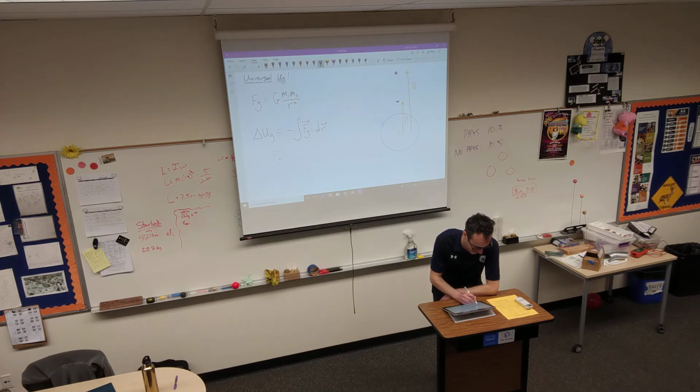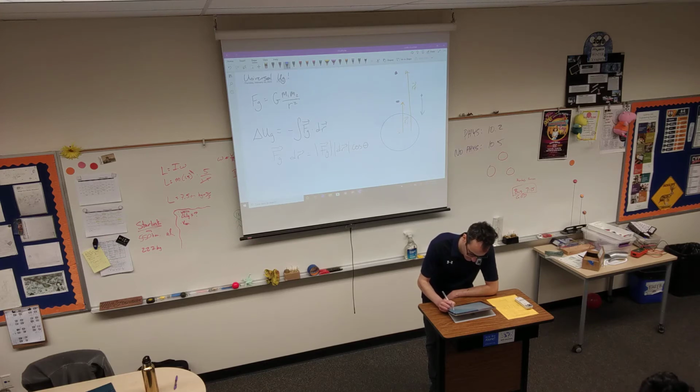A dot product between two vectors is the same thing as the magnitude of those two vectors times the cosine of the angle between them. Wow, I didn't know that. So which way is the force pointing here? Down. So cosine is negative. And which way is the displacement pointing?